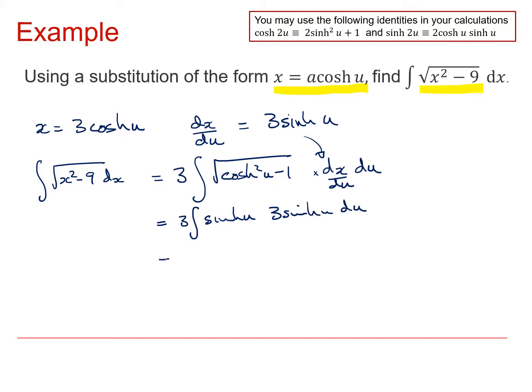And so that gives me 9 times the integral of sin squared u du.